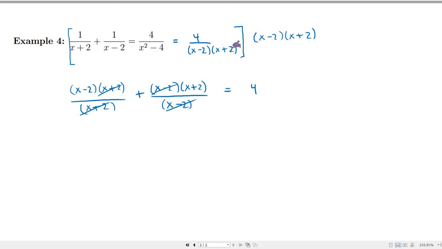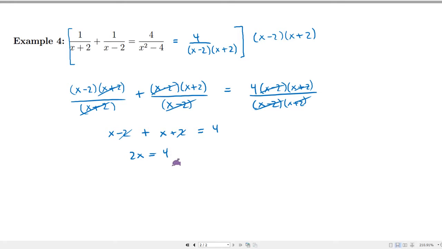These are going to cancel or reduce. Okay, so what do we have? We have x minus 2 plus x plus 2 equals 4. So that is 2x, and 2 and 2 cancel, equals 4. And divided by 2, x is 2.